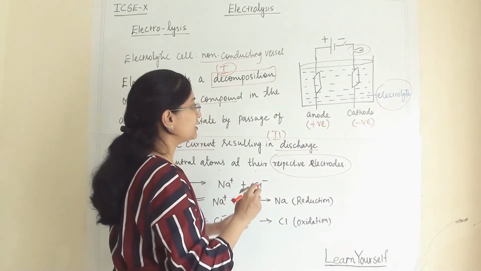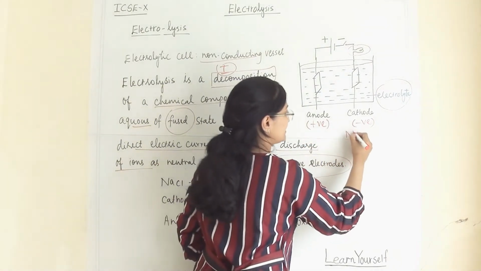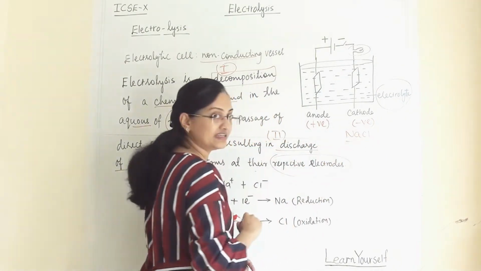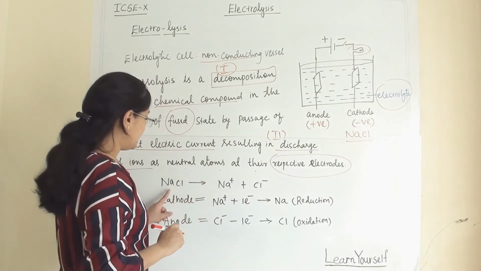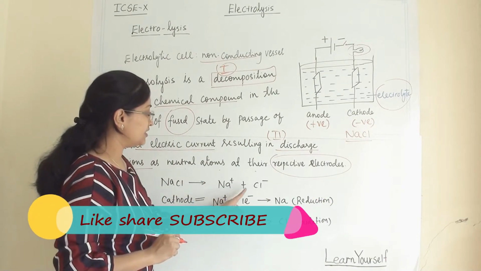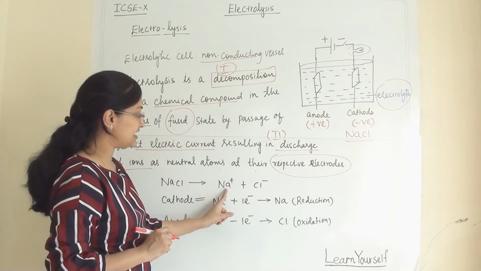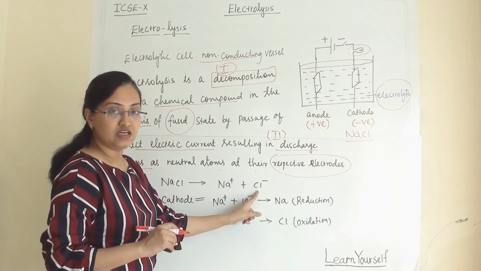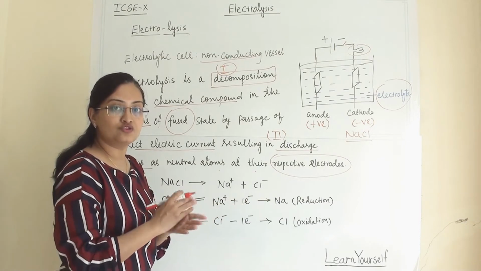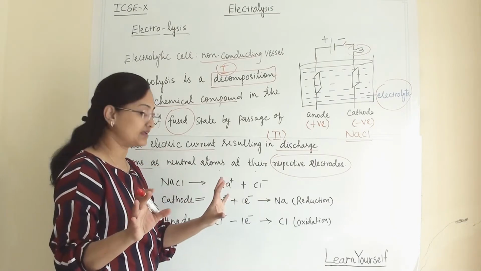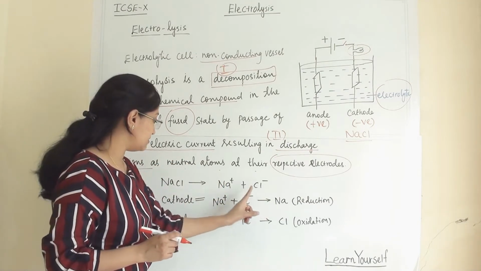If we have taken NaCl as an electrolyte, first it will decompose into Na plus and Cl minus. The compound will break down into its positive ion and negative ion.